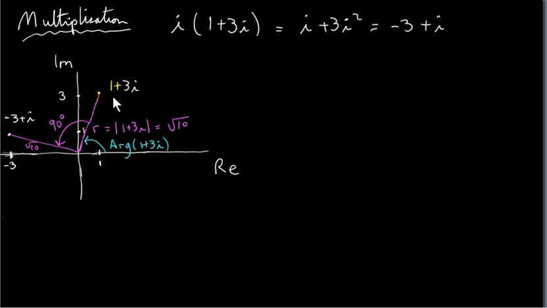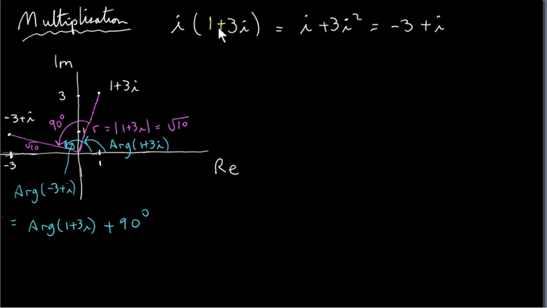So the argument of 1 plus 3i, as you can see, is an acute angle. That is an angle between 0 and 90 degrees. However, if we look at this angle here, we see that it's the argument of this complex number, which is minus 3 plus i, but it's equal to the argument of 1 plus 3i plus 90 degrees.